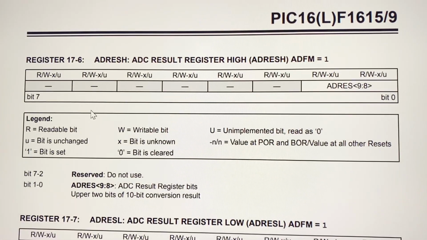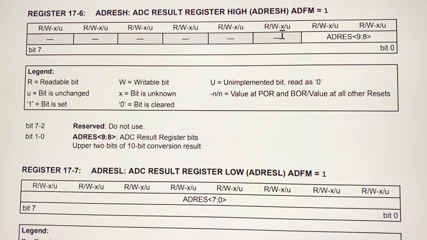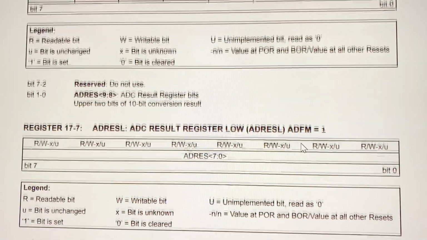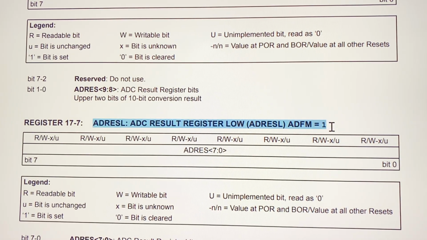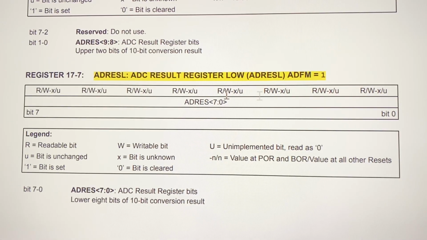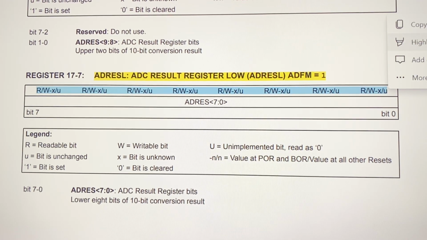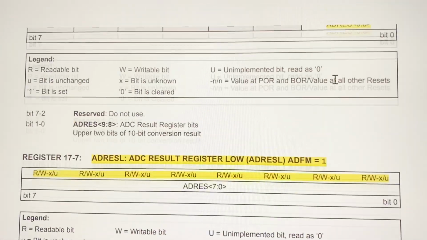But when ADFM is equal to 1, which is our case, right here, in this part of the register we will have the most significant bits, and in the register ADRESL, right there, we will have bit 0 through bit 7, which is the format that I explained a moment ago at the beginning of this lecture, indicating that this is the one we'll be using when ADFM is equal to 1. That's our case.